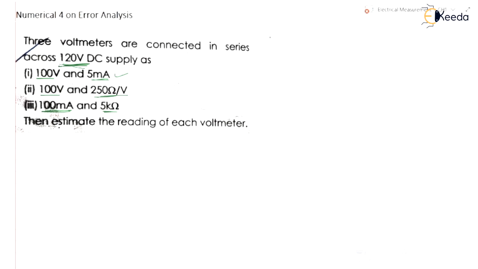Okay. Now let us consider we are having three voltmeters: voltmeter A, next voltmeter B, and third one is voltmeter C. Okay, voltmeter A, B, and C. These three voltmeters we are having.